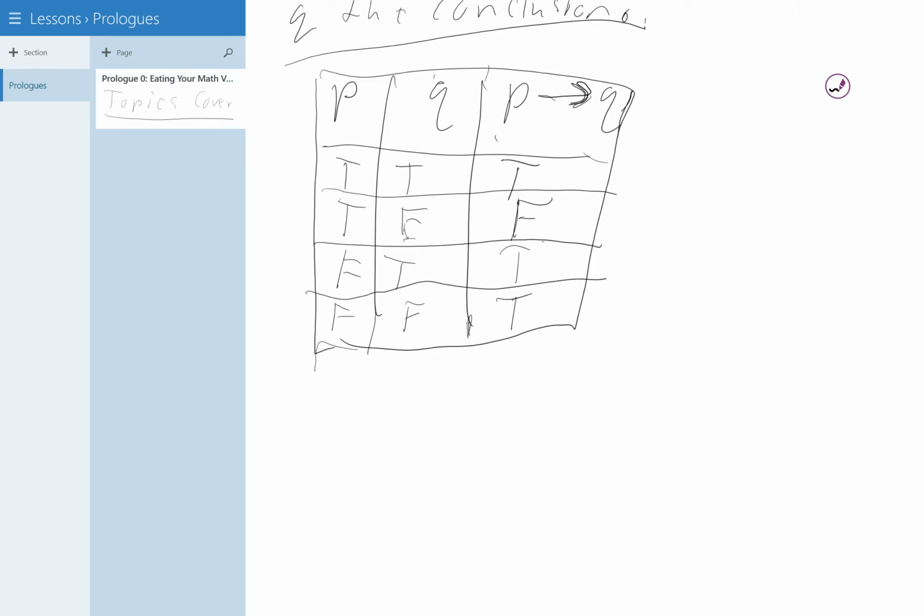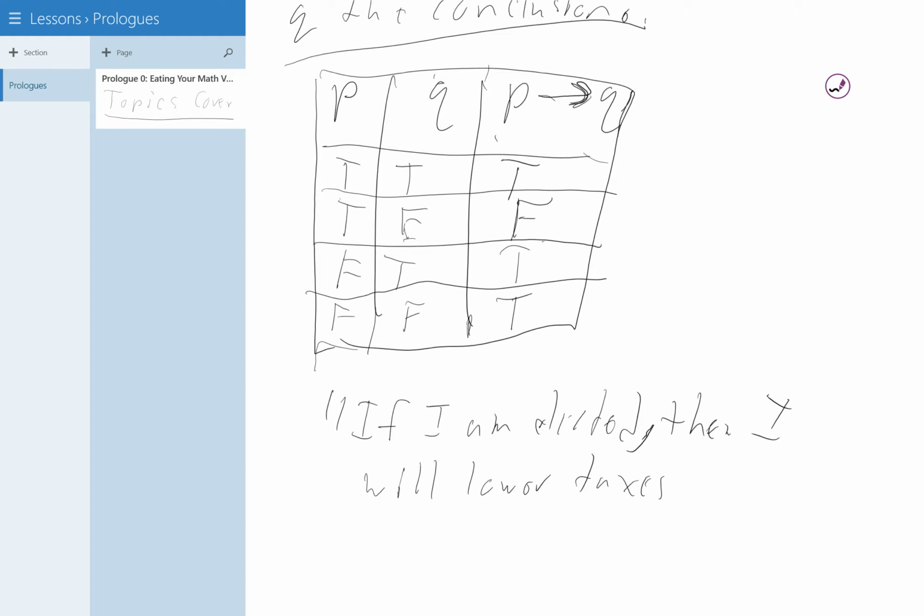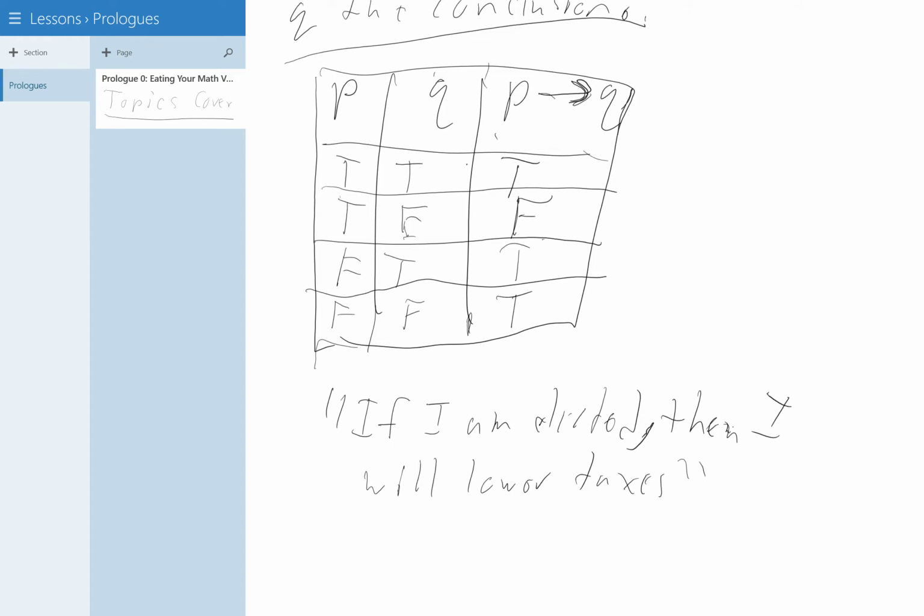This is actually a really good example. Let's look at that statement: if I am elected, then I will lower taxes. Remember, this implication statement, this if-then statement, can be written mathematically.